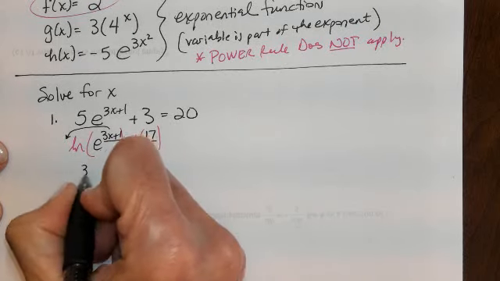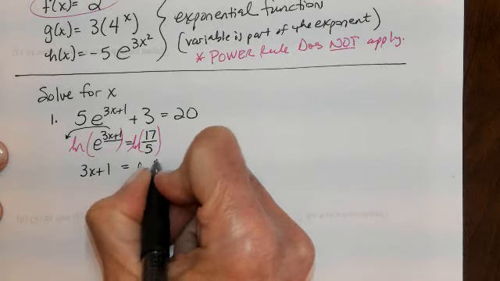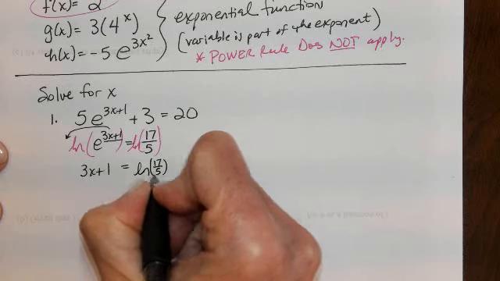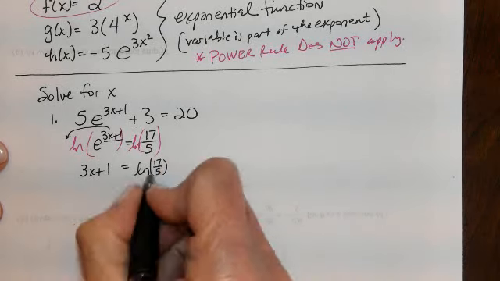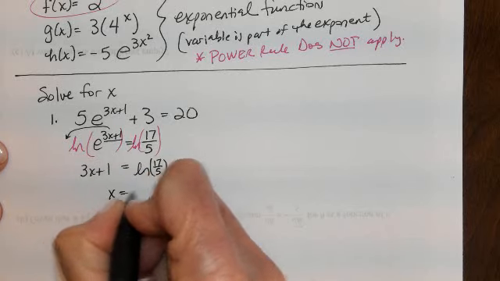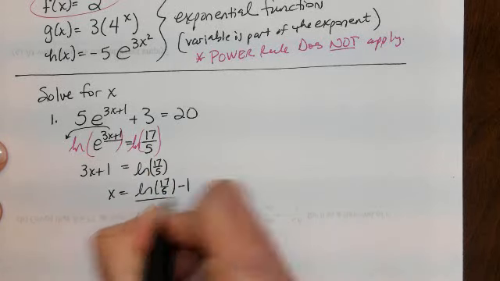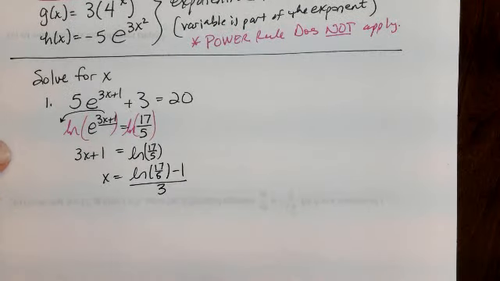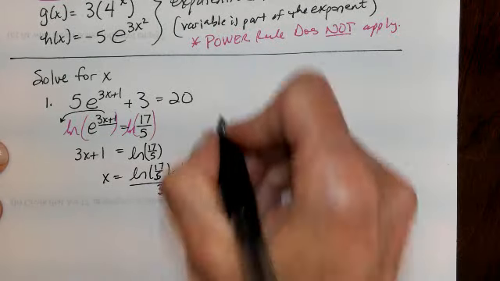So this is just your coefficient. Now finish solving for x. So subtract 1, divide by 3. So ln of 17/5 minus 1, all over 3. Okay. What about this example?